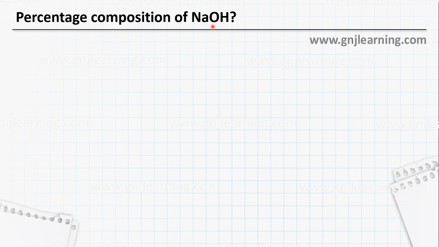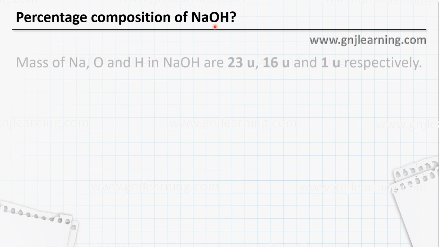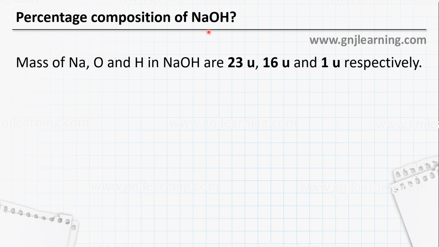So in order to find out the percentage composition, I have to find out the percentage mass of sodium, then the percentage mass of oxygen, and then the percentage mass of hydrogen. So I know the atomic mass unit of sodium, that is 23, atomic mass unit of oxygen, that is 16, and that of hydrogen is 1 u.